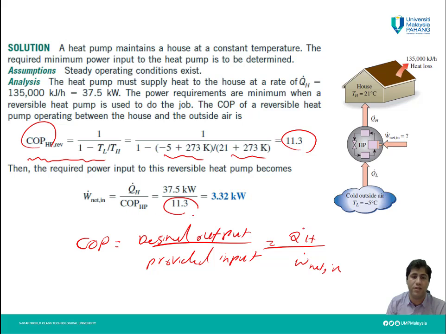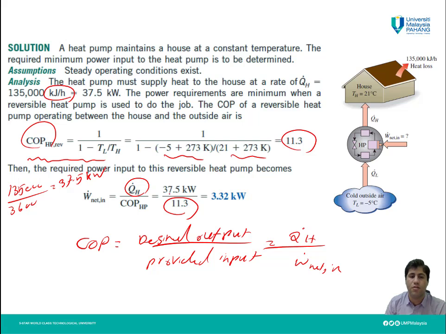We have calculated COP, and we also need to put in Q dot H. Q dot H, which we have, is in terms of kilojoule per hour. If we want to change it to watt or kilowatt, we can convert it like this: if we divide kilojoule per hour by 3600, it will be converted to kilowatt.